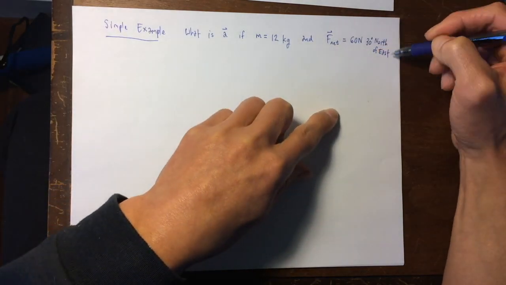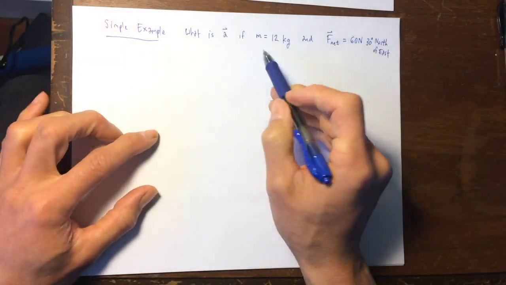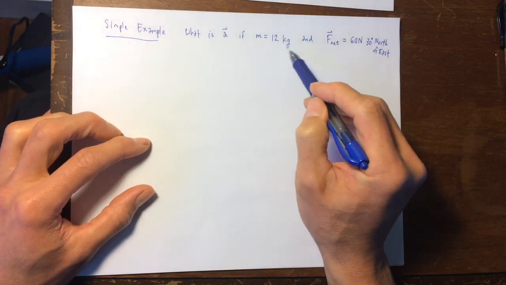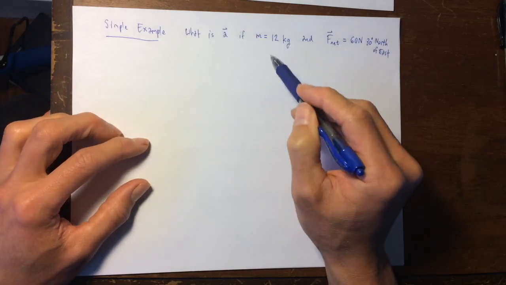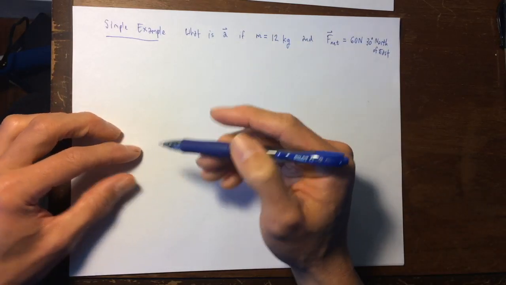So this is a vector here. It's a net force vector. The mass, you notice, has no direction. It's pure magnitude. So the mass is a scalar, and the acceleration is a vector.